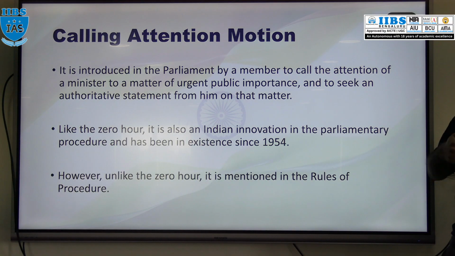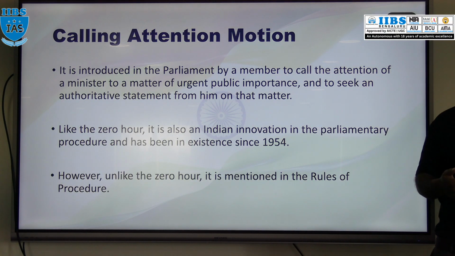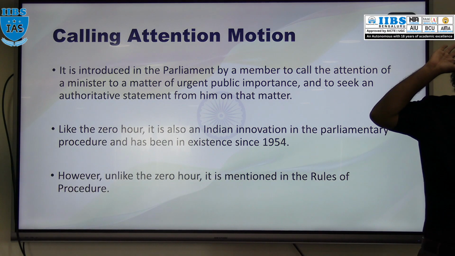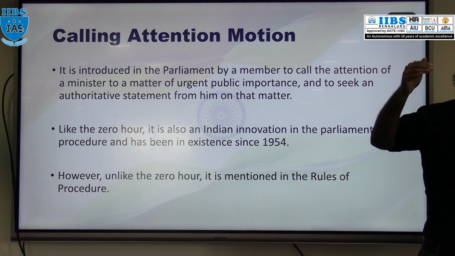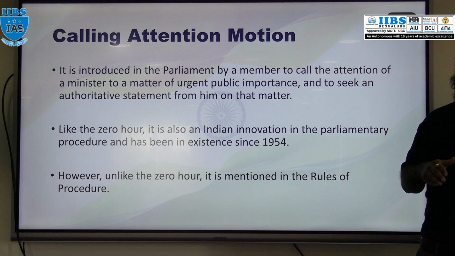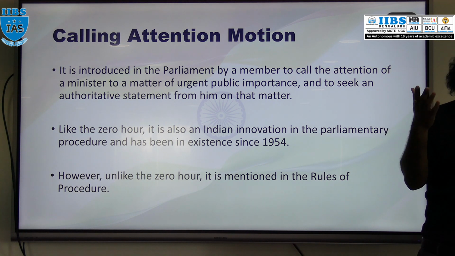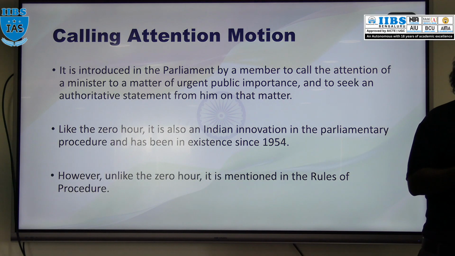Generally when discussion is going on, they ask a question to the minister and the minister gives some answer, right? Take an example, they are asking about a finance thing and the minister is telling about the defense thing. So no proper attention. In that case, this calling attention motion can be moved.